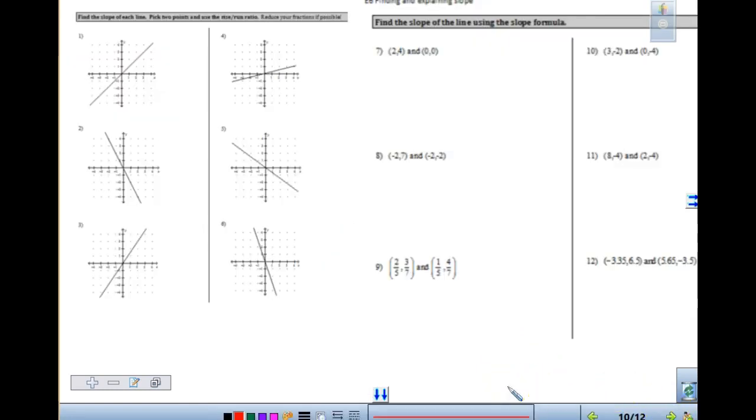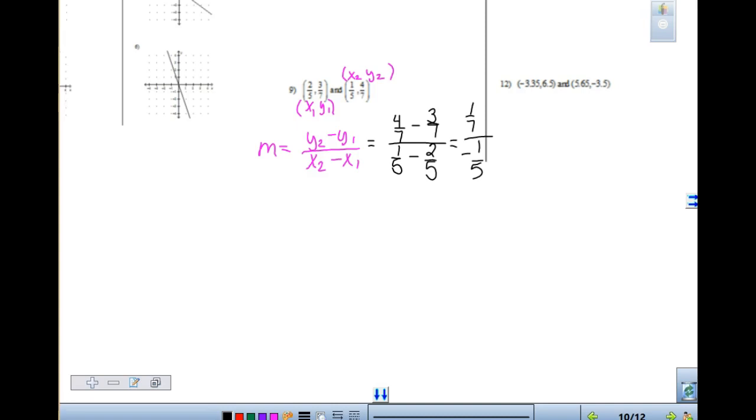So, we're going to turn to your homework. On your assignment in your workbook, you have a fraction divided by a fraction. So this is what this fraction means for our slope. It means m equals 1/7 divided by negative 1/5. But you guys remember, we're dividing fractions.